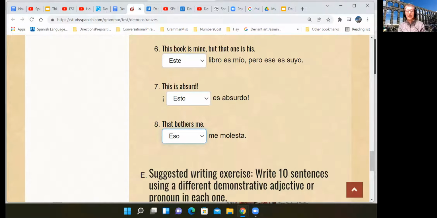A bunch of kids are screaming at the top of their lungs, and you might say, eso me molesta mucho. That bothers me a lot. So with these last two, you get that idea of totally abstract. And I will send you this so that you can re-quiz yourself later on. Bien, ¿sí? Exacto. Vale, bueno.